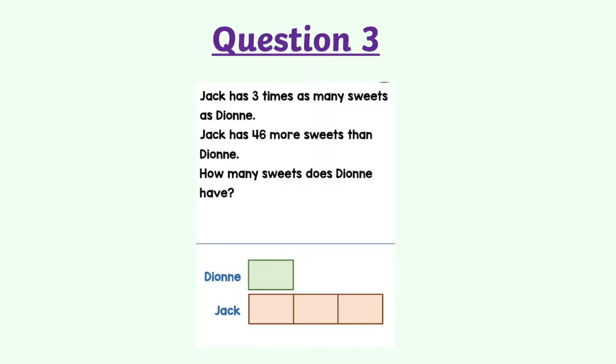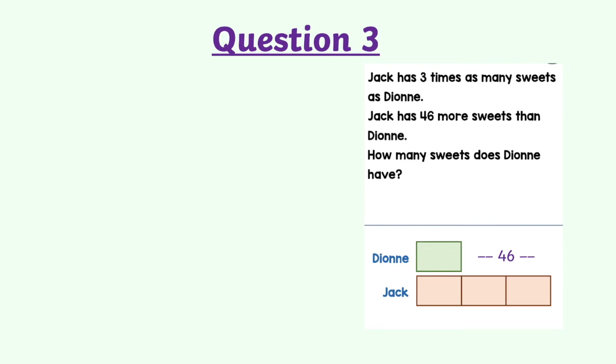Okay, let me talk you through how I worked out this question. I think this was a really tough question, so well done for having a go. So the first thing that is a really helpful piece of information is to think about the fact that Jack has got 46 more sweets than Dion. So if we look at this bar model, there's Jack's, there's Dion's, and we know that this bit here is 46 because Jack has got 46 more than Dion.